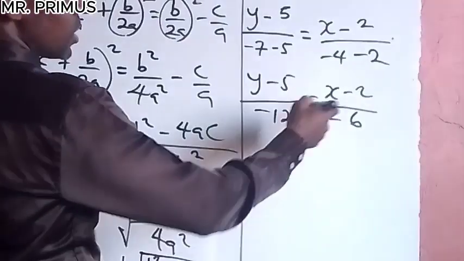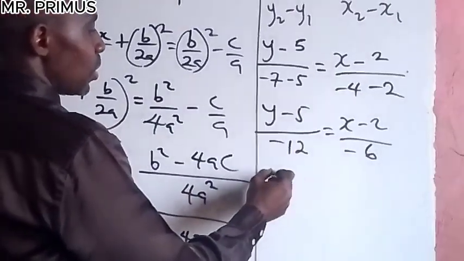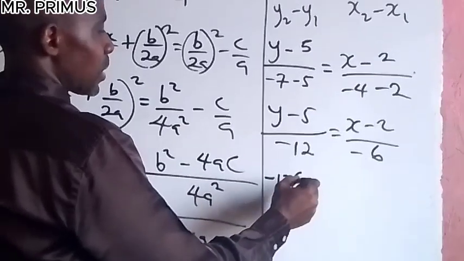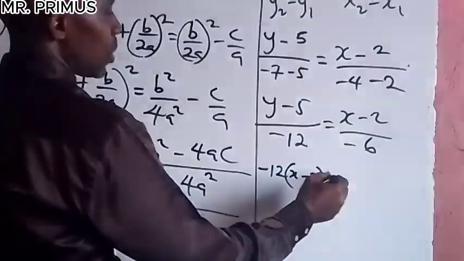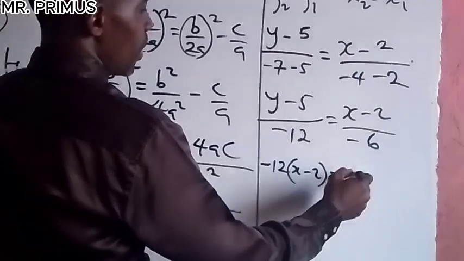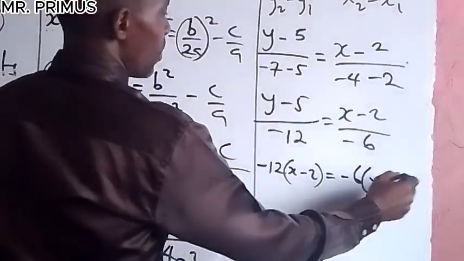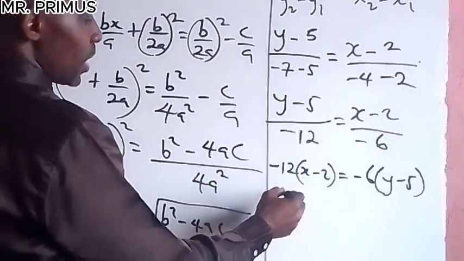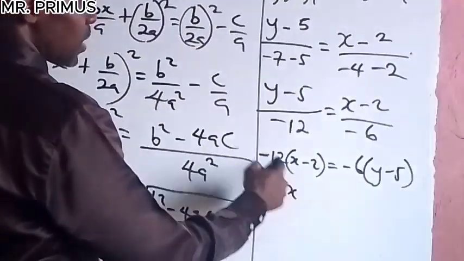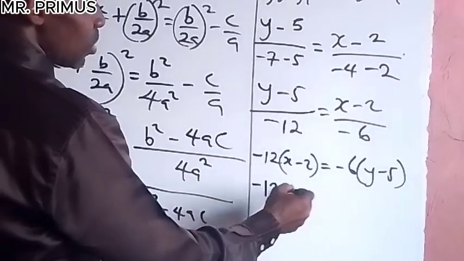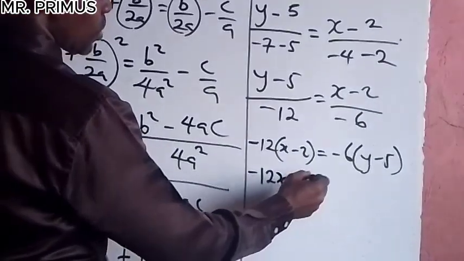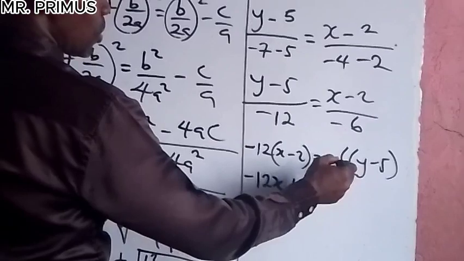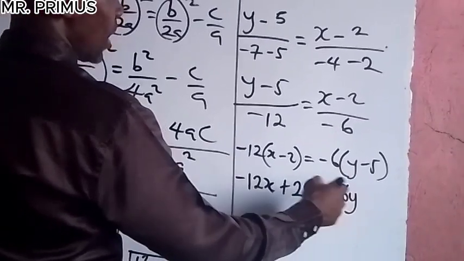Okay, we can cross multiply. So we have minus 12 bracket x minus 2 is equal to minus 6 bracket y minus 5. Minus 12 times x is minus 12x. Minus 12 times minus 2 is plus 24. That is equal to minus 6 times y, minus 6y.